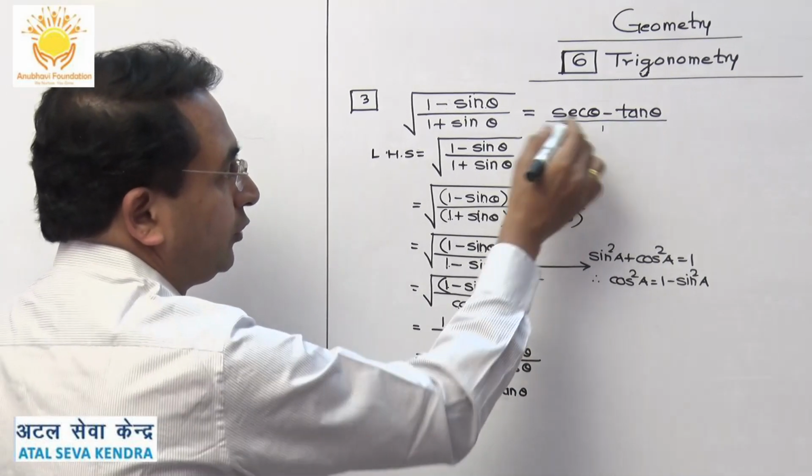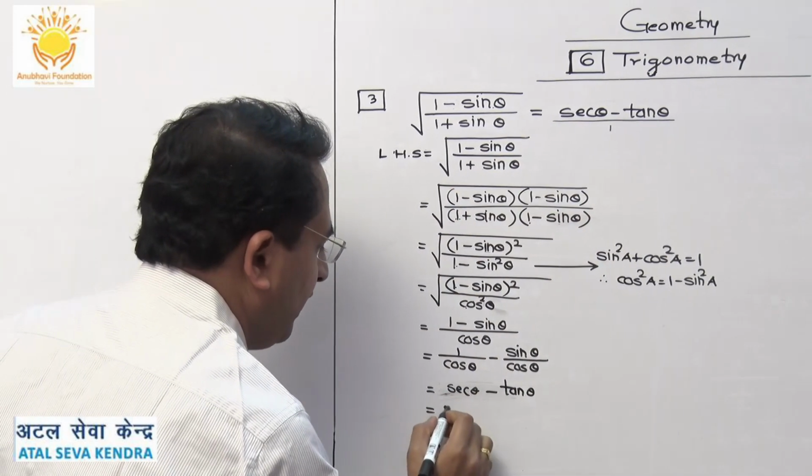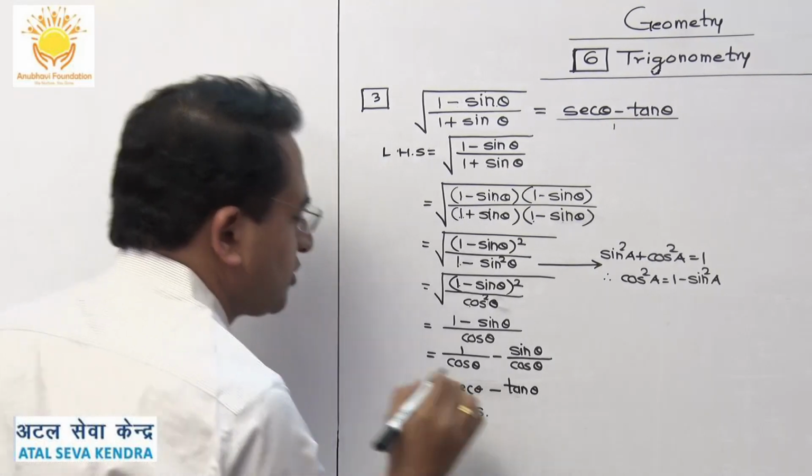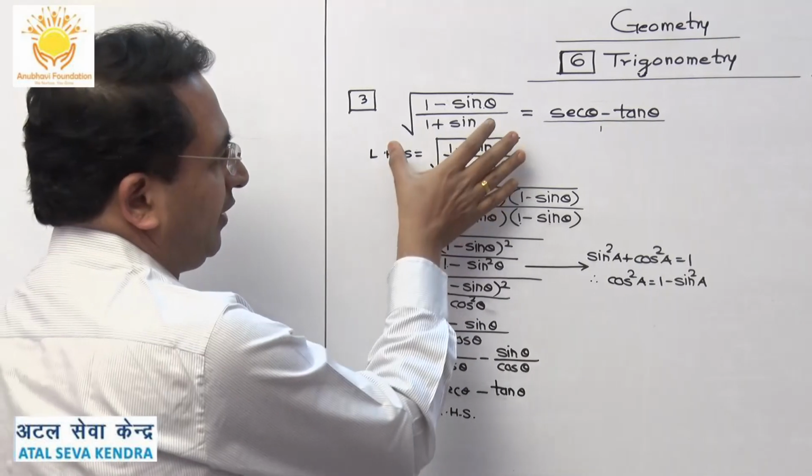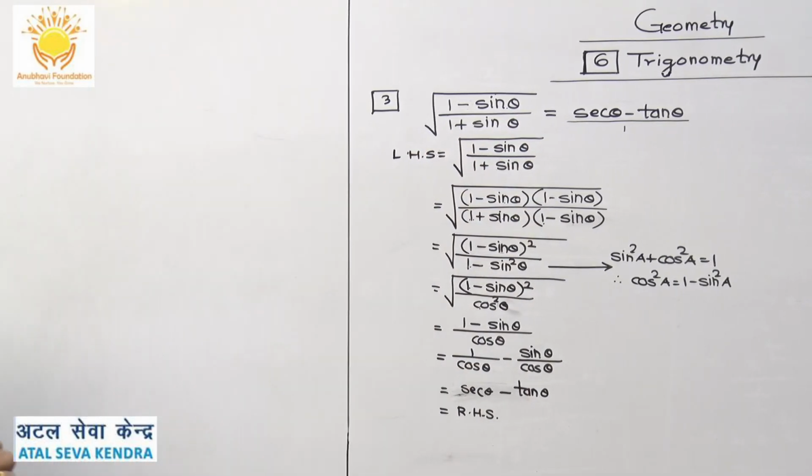That is what we want on the right side. So we can write that is equal to RHS. That is what we have completed in this particular proof.